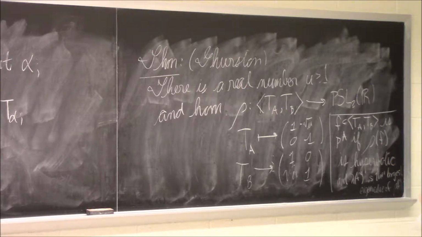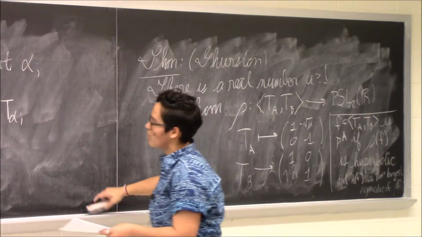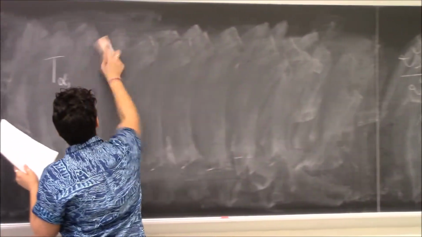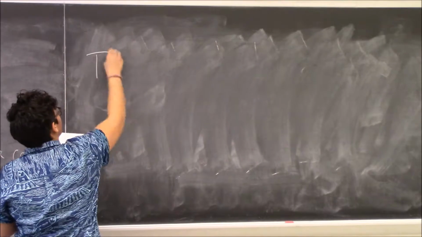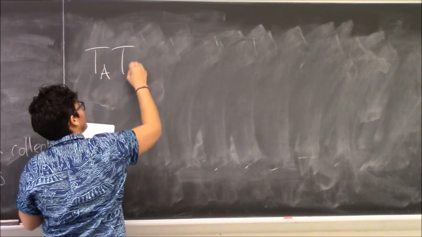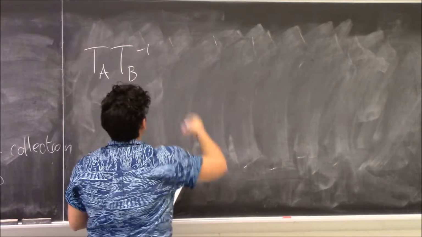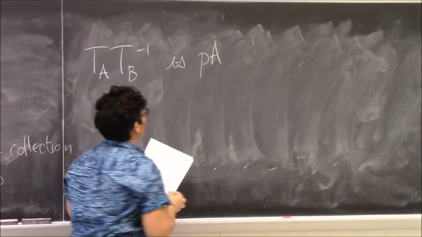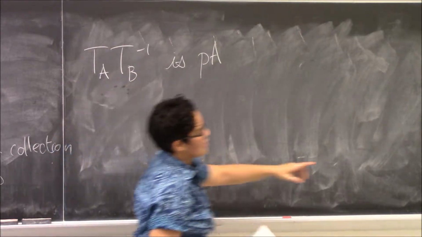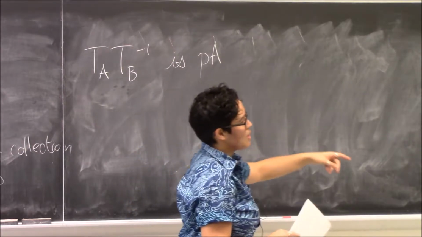In particular, we can look at something specific, which is what I'm going to use it for: the mapping class T sub A composed with T sub B inverse. This is pseudo-Anosov because its image under this map is a matrix which has trace 2 plus mu, and mu is greater than 1.